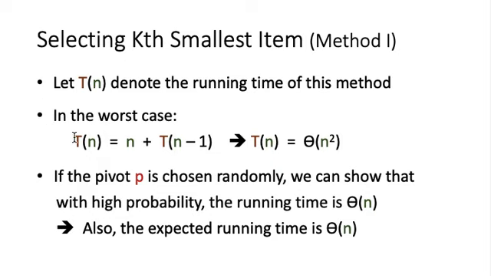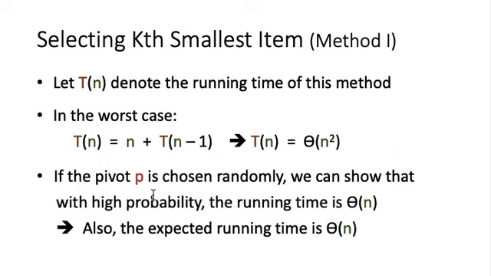In that case, T of n is equal to order n comparisons to do the partitioning, but then we are reduced to only a problem of size n minus 1. So we still need to spend T of n minus 1 to solve the problem. Solving this recurrence, we have T of n equal to theta of n squared. This is really bad in the worst case.